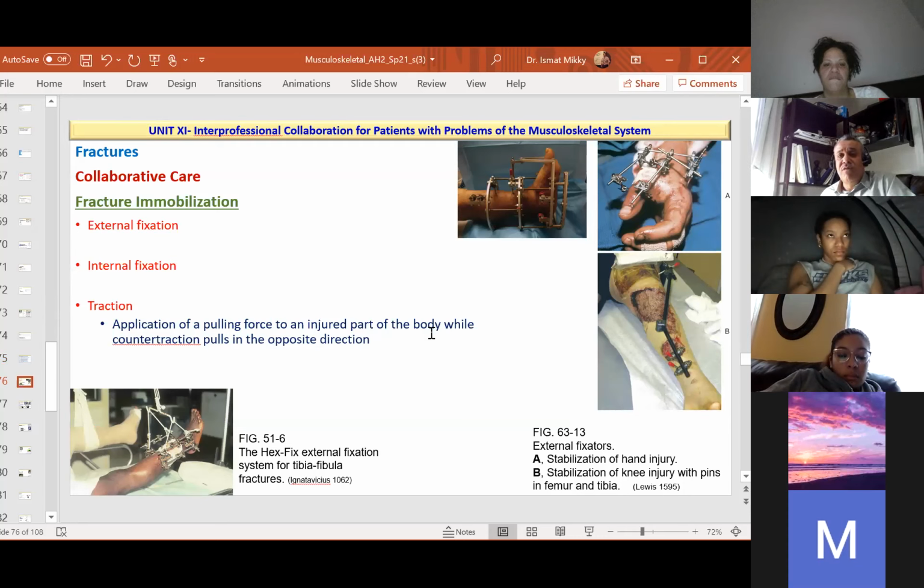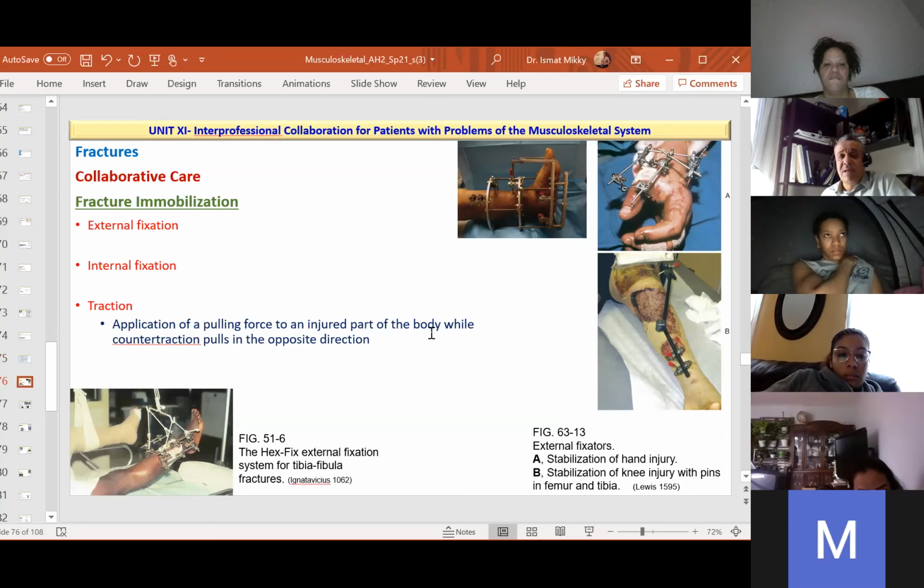We can either remove it or replace it, or do some type of window or slit to relieve the pressure, to prevent the cut of blood supply to the lower or upper extremity, and we can prevent what is called compartment syndrome.